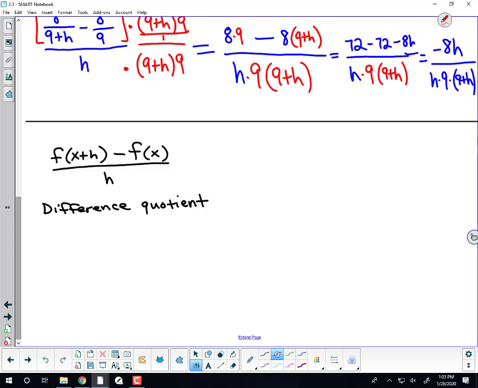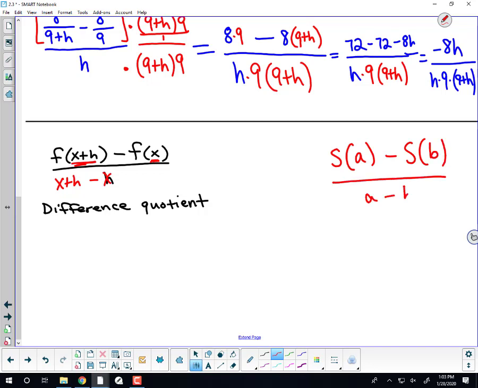On the bottom we have x plus h minus x, the change in our x values, so the x's cancel out and you just get h. It's no different than when we computed s of a, our position at a, minus position at b, all over a minus b. That was just the slope of the secant line or the average rate of change.